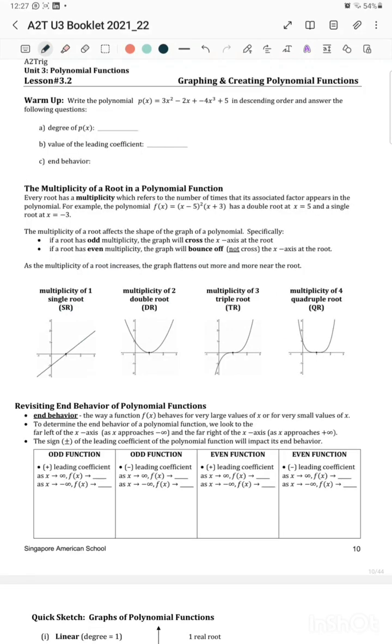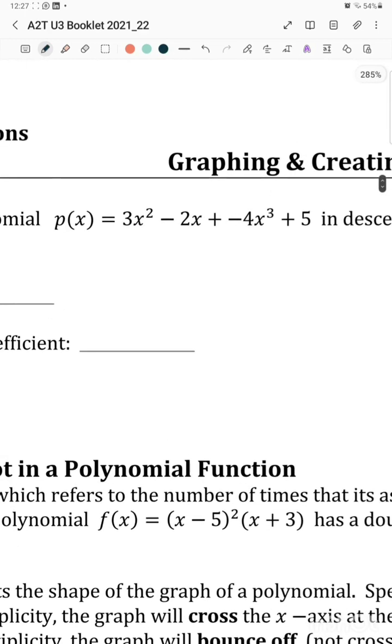Write P of x in descending order and answer the following questions. First of all we need to write the polynomial in descending order. And what is the meaning of descending? Starting from the highest degree and moving towards the lowest one.